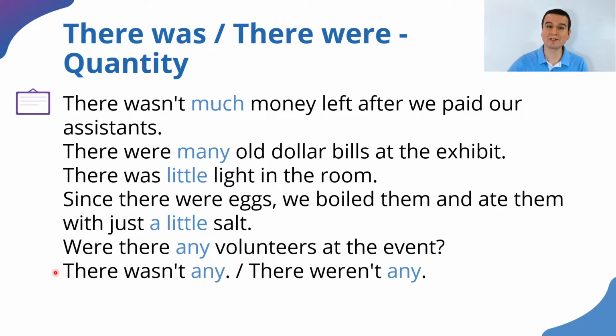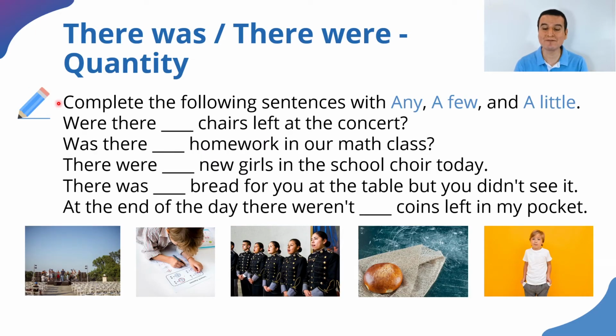Those are the quantifiers that I would like for you to practice using from now on every time you're using there was and there were. For now, I would like for you to practice 3 particular quantifiers, and they are any, few, and little, particularly a few or a little. So I have this practice activity for you.